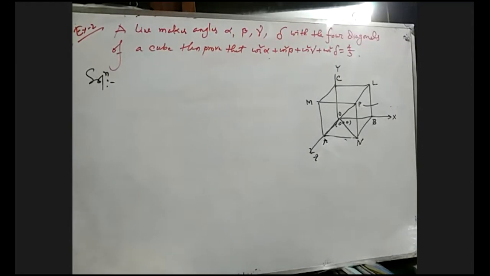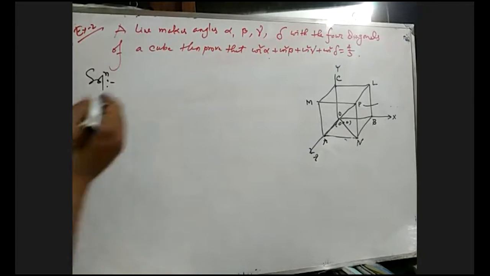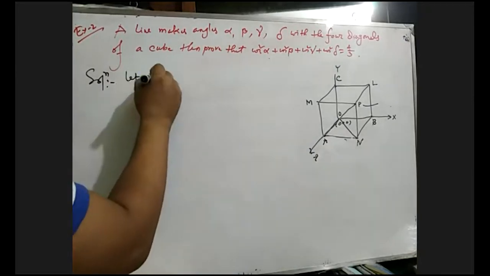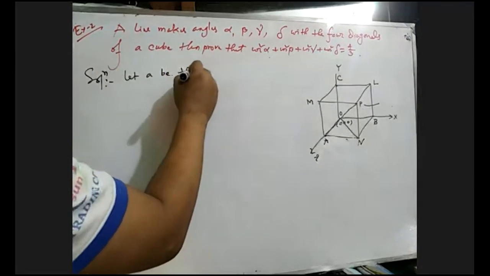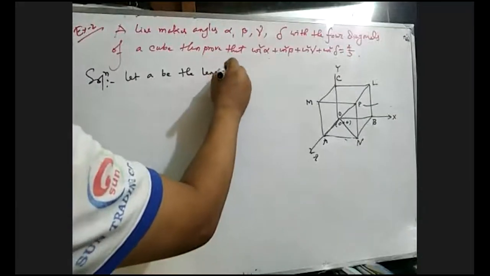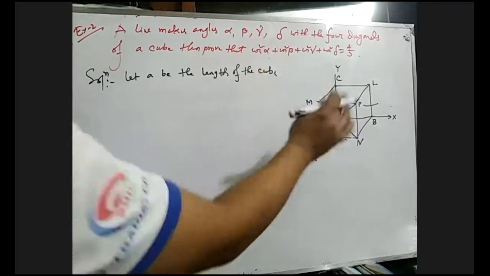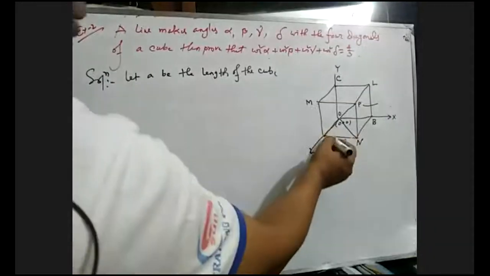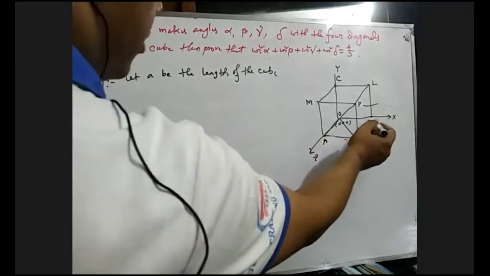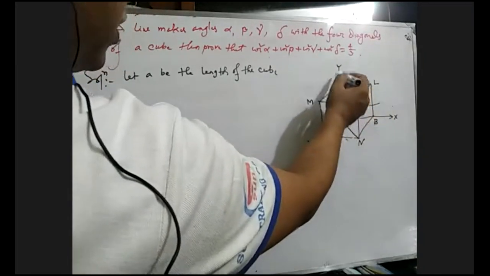Okay, now let a be the length of the cube, small a. Cube this. Okay. So A point lies on the x axis, B point lies on the y axis, and C point lies on the z axis.